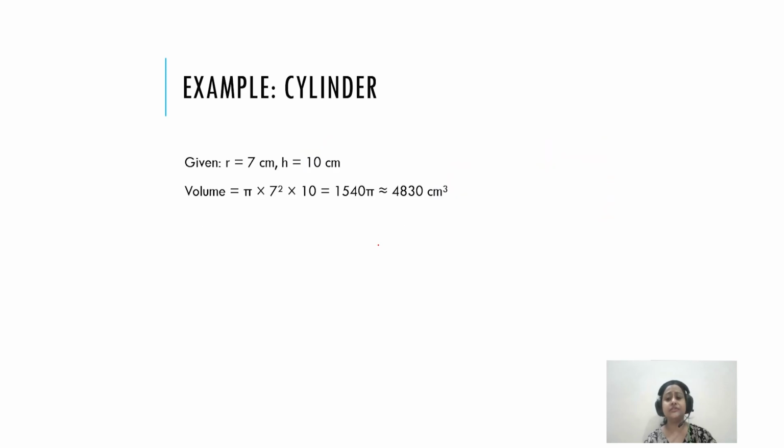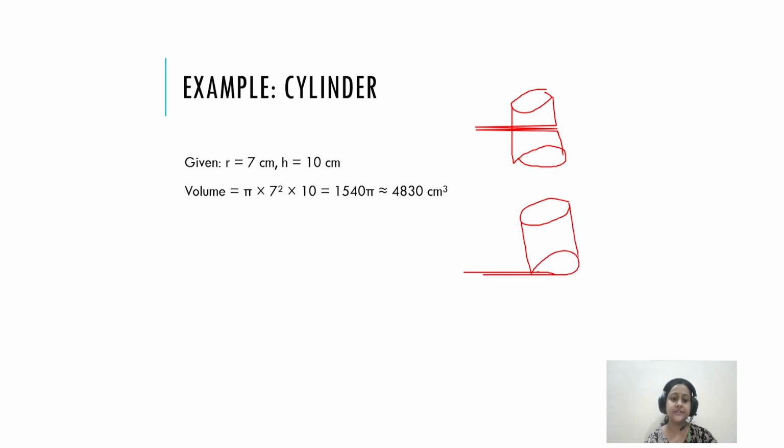Same for cylinder. I have already drawn the cylinder previously. Again, this is the cylinder. It's not properly drawn with this pen, but it is something like that. Given radius r is 7 and height h equal to 10 centimeter, we are interested to find the volume.